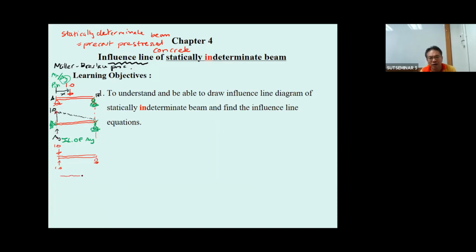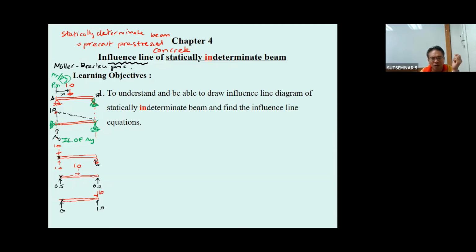And when the force moves halfway, 1.0 halfway like this, the reaction here is going to be 0.5 and the reaction here is going to be 0.5. For this one it is 0. And when the force moves to this position, 1.0, the reaction here is going to be 0 and the reaction here is going to be 0.